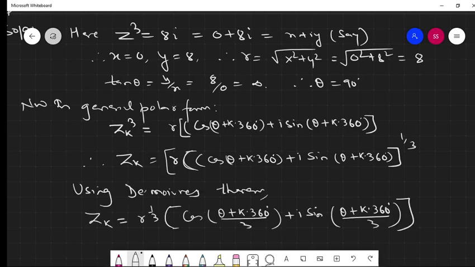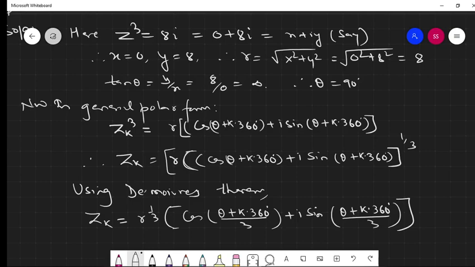Then we can simplify it. r is what? We obtain 8, so 8 to the power 1/3. Then cos, what is theta? That is 90 degrees plus k times 360 degrees by 3, plus i sin of 90 plus k times 360 degrees by 3.